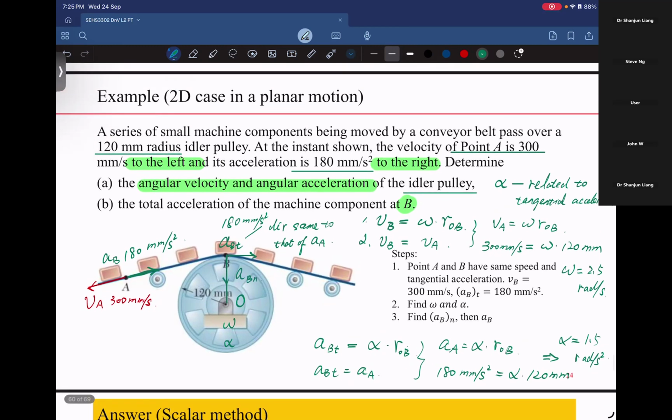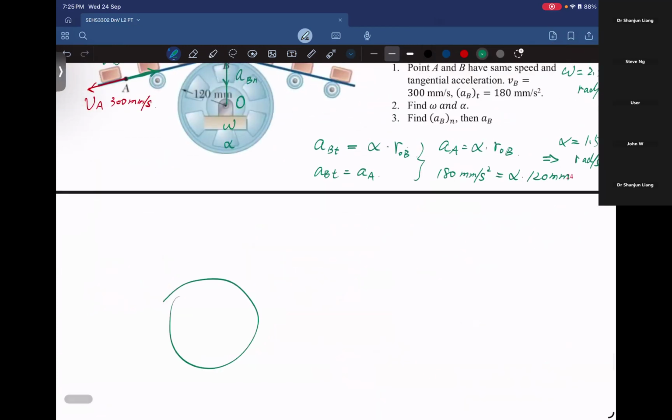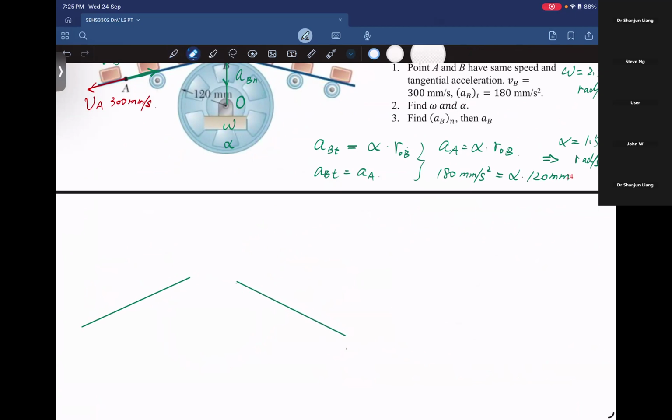AB normal. Okay, we just draw a picture here. This is the left side, and this is the right hand side. Point B is here.